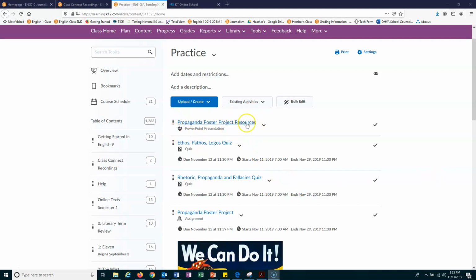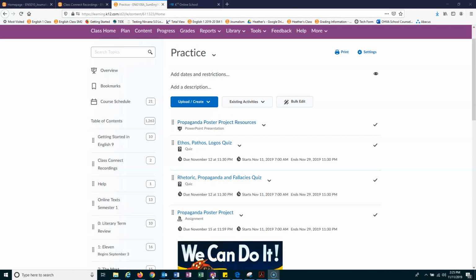So this propaganda poster project resource PowerPoint is super important. Everything that you need content-wise to complete this is in here. So this should be your best friend for the next week, and it will definitely be a great resource for you. If for some reason you are not able to open this, this information is throughout the class.